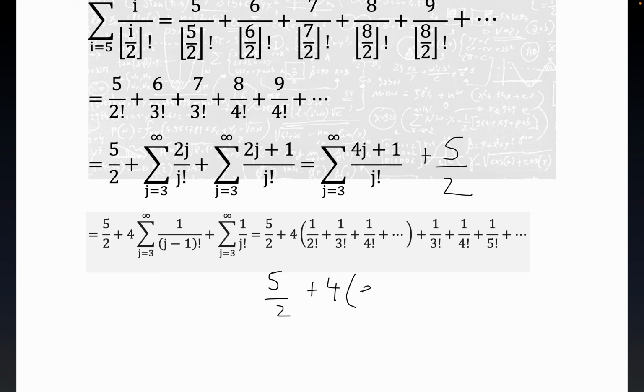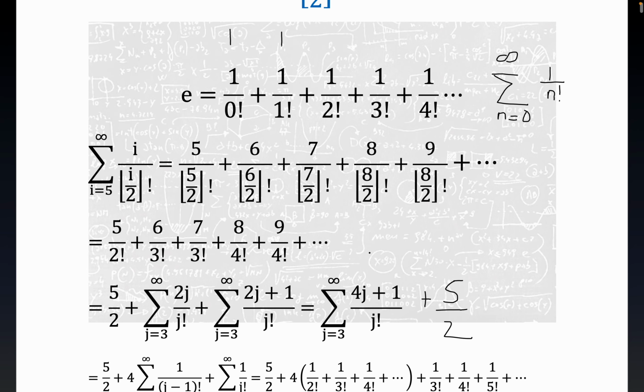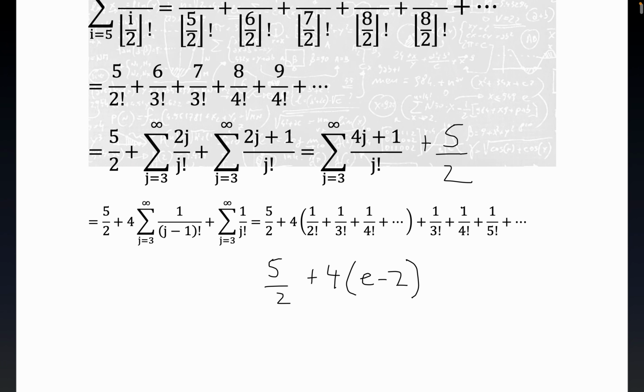If you are familiar with that definition of e, that's 4 times e minus 2 because we're missing the terms 1. Okay, you see 1 is not present. The 1 over 0 factorial term, which is 1, and the 1 over 1 factorial term are not present, but all the rest of the terms starting at 2 factorial are present. And so that's why this is equal to 4 times e minus 2.